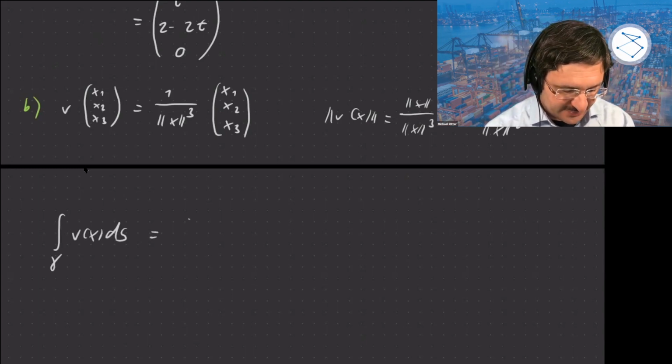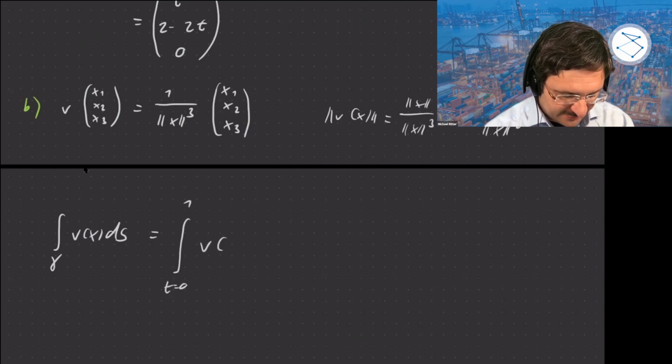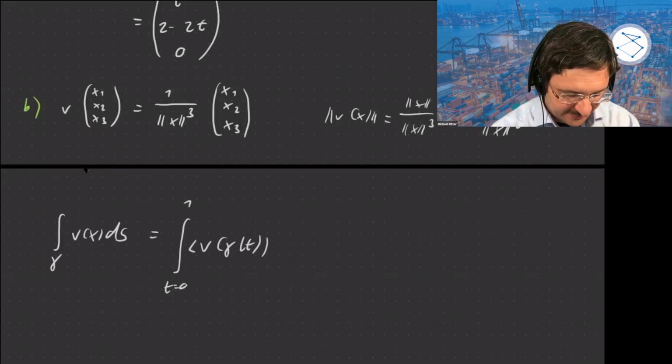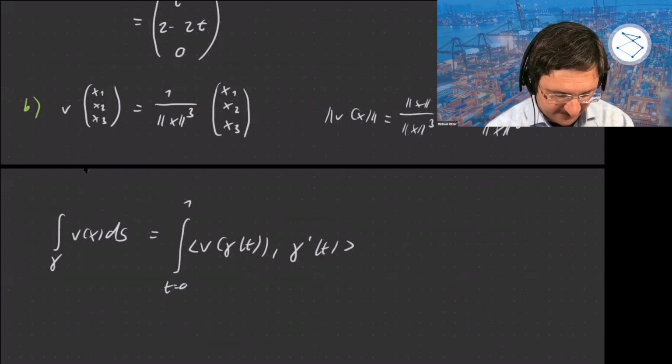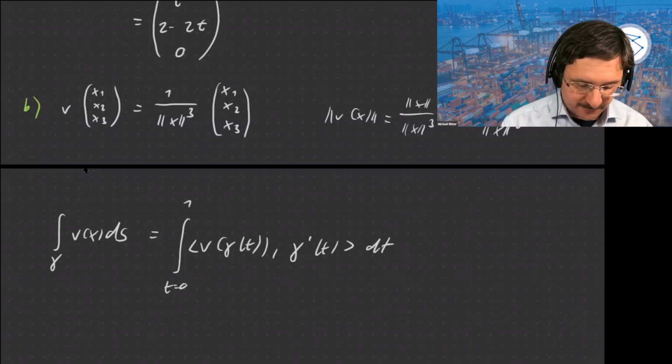We integrate over the parameter space t from 0 to 1 in this case of v evaluated at the curve, and then we take the scalar product of that with gamma prime of t, dt. So we need to compute gamma prime.